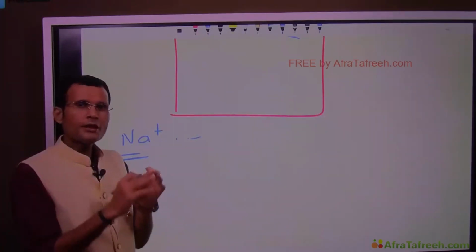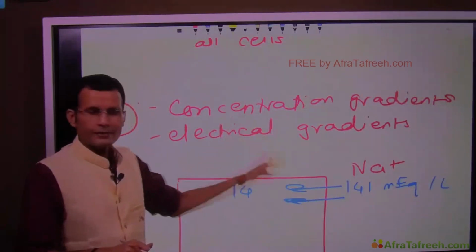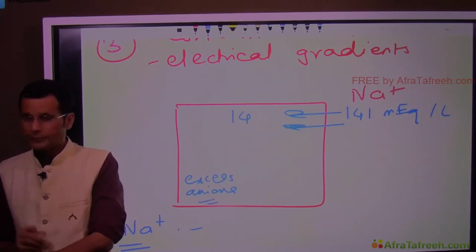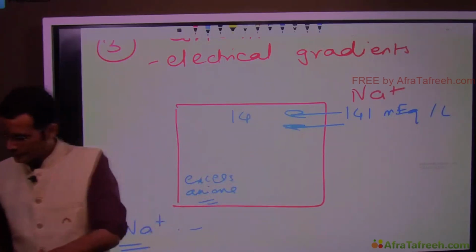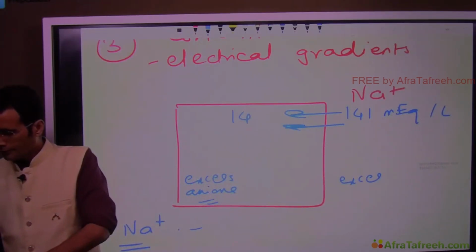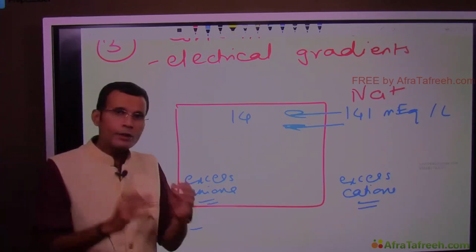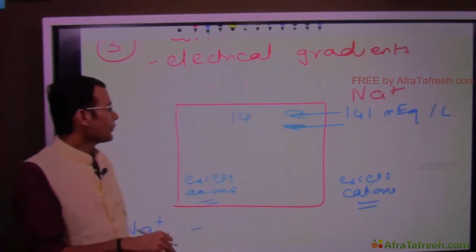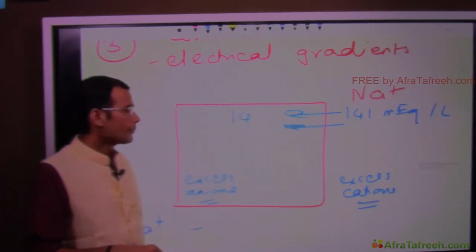But what about the electrical gradient? Remember, we saw it just some time back that there are excess anions inside the cells, and that means relatively excess cations on the outside. We are talking in relative terms here, relative to each other. So when I say excess anions, it's in relation to the ECF.